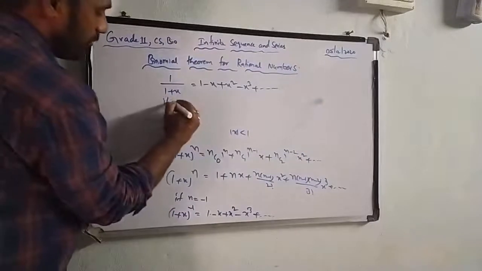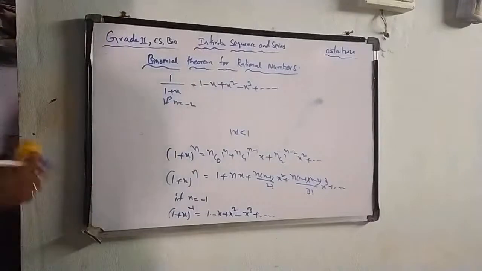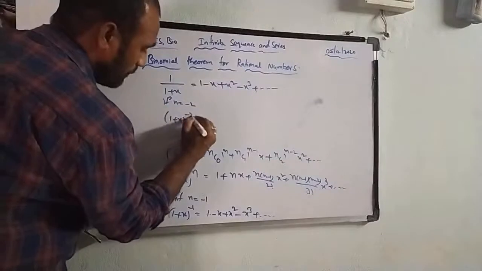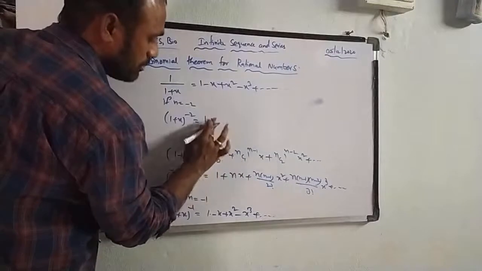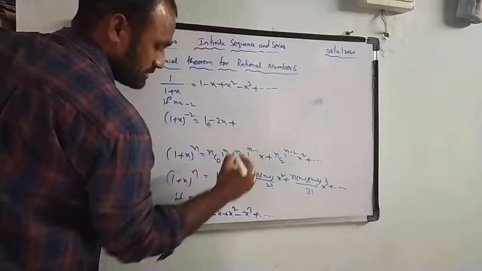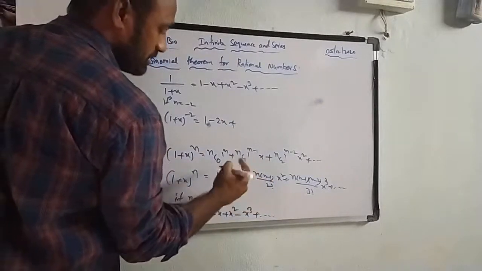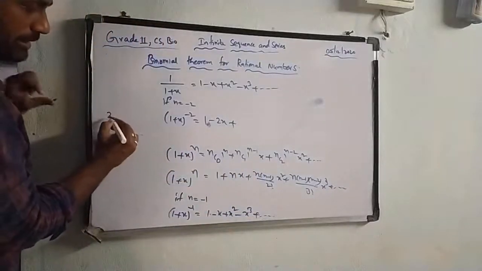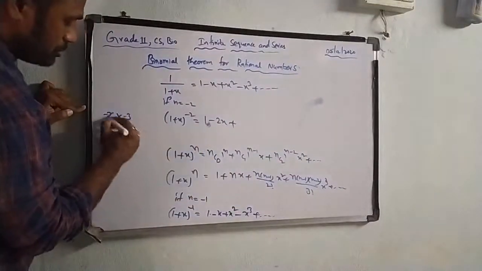Suppose n is equal to minus 2, then (1 plus x) whole to the power of minus 2 can be given as 1 minus 2x plus minus 2 into minus 2 minus 1, minus 3, by 2, where the 2 gets cancelled.